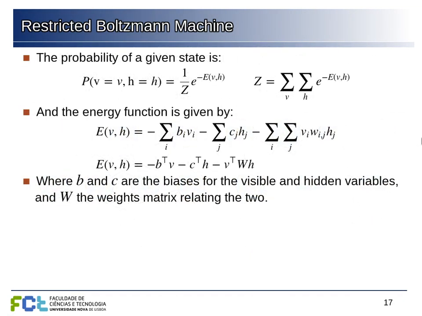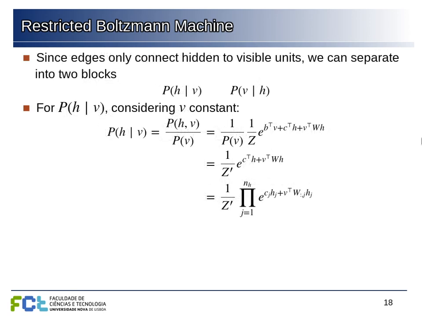We can represent this with these sums or with vector and matrix operations, where we do the inner product of these vectors and the product of this vector by the matrix and the other vector of the hidden values. This is similar to what we did with the neural networks when we started modeling it in TensorFlow. Since we have edges only connecting the hidden to visible units, and we don't have edges within them, we can actually separate this into the two blocks.